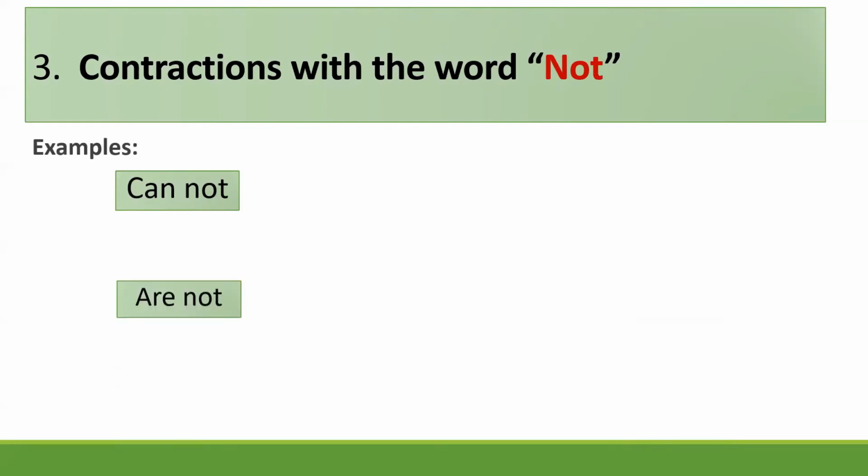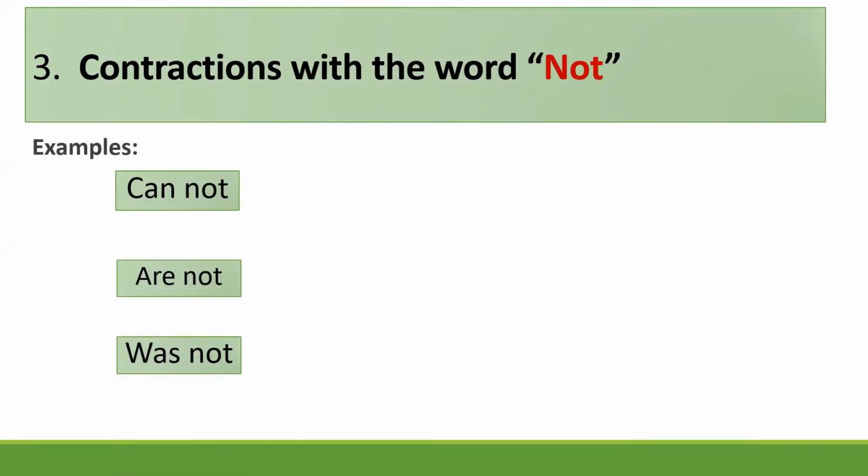Cannot, are not, was not. First, cannot. Again, we just remove the letter O, replace it with an apostrophe, and then put it together, or condense it into one word. It will now become can't.